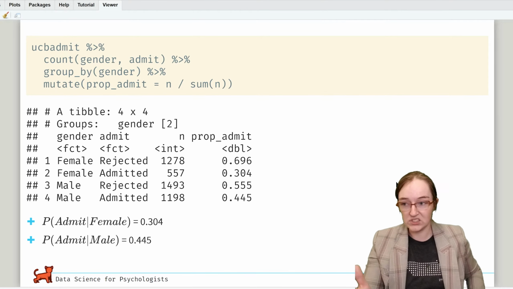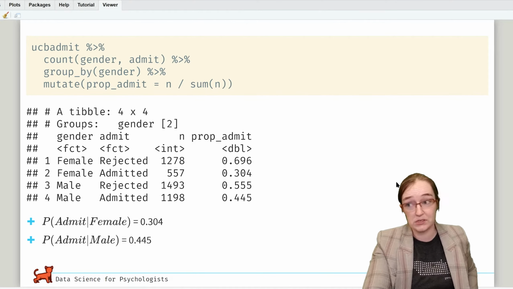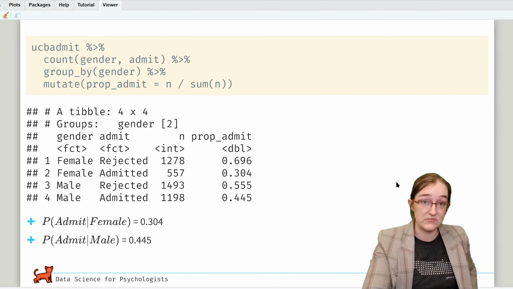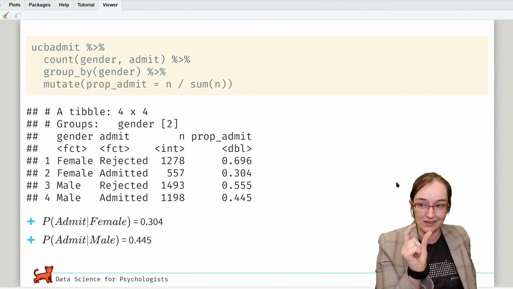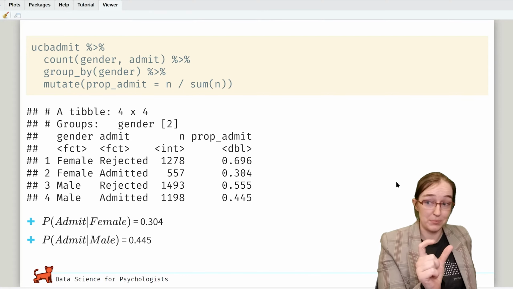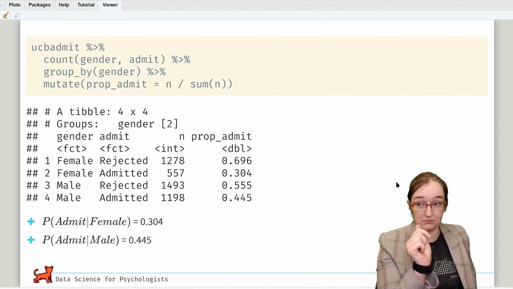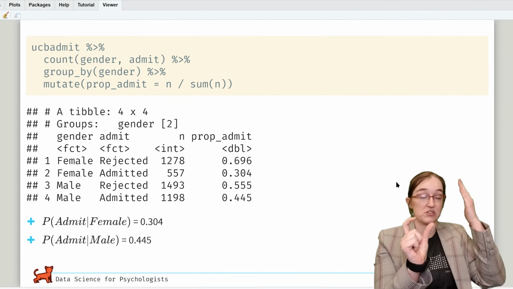Ta-da! So what I've done is I've grouped our data by gender and then mutated it to report the proportion admitted as a function of sample, n over the total.